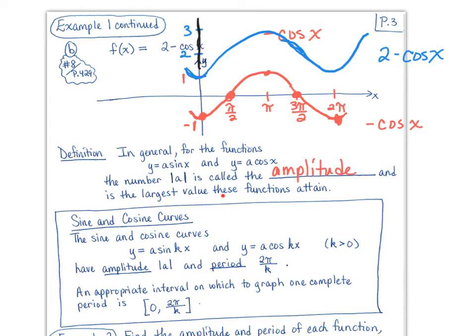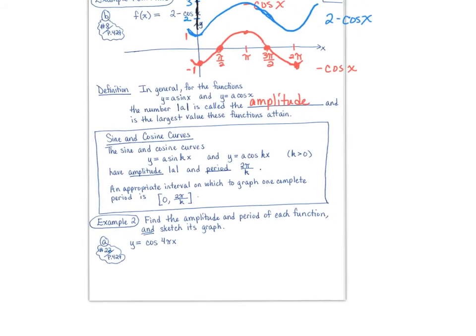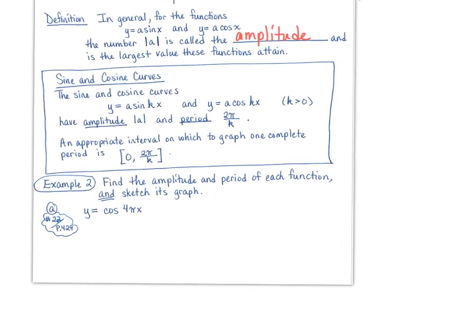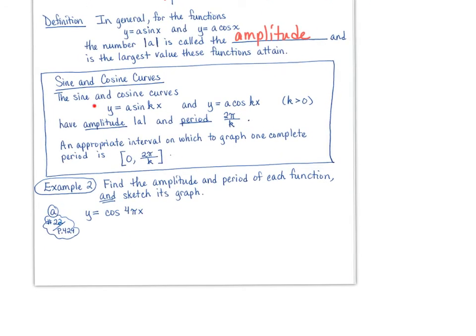It is the largest value these functions can attain. So the sine and cosine curves y equals a sine of kx and y equals a cosine of kx, where k is greater than 0, have amplitude the absolute value of a, and period 2 pi over k.